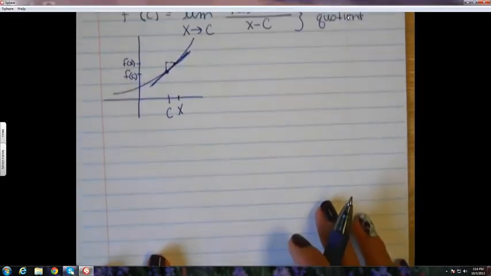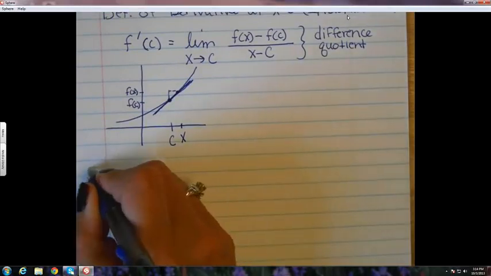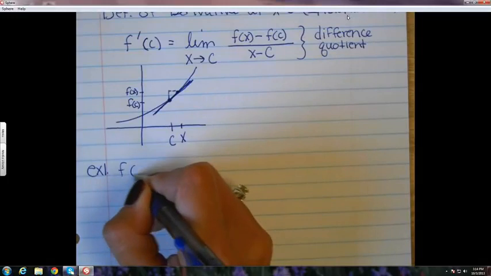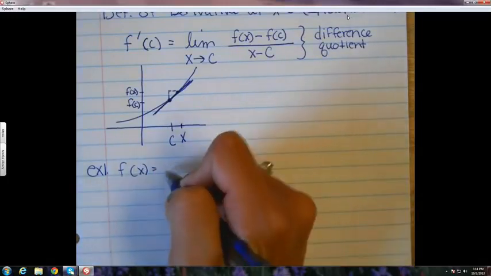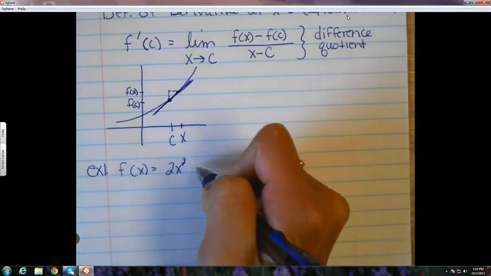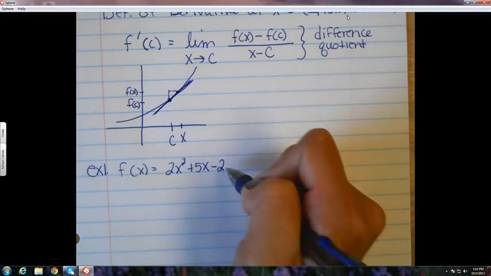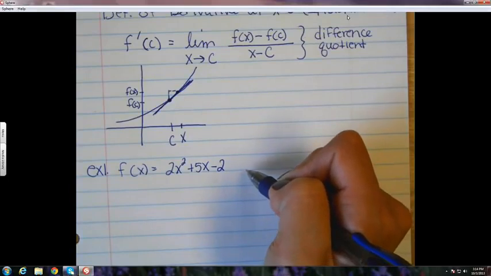Oh, I still want to see that definition there. So our first example, if f of x equals 2x squared plus 5x minus 2, let's first estimate the derivative at 2, our old way, and then we'll find it exactly using our new way.